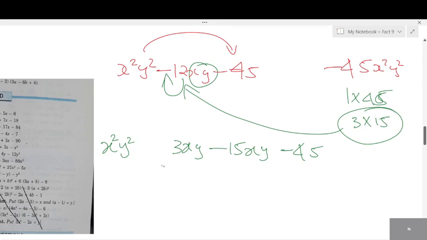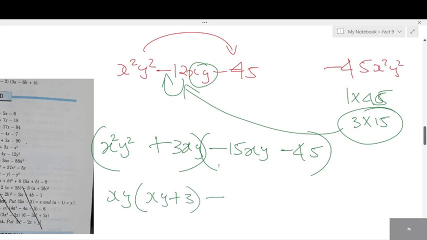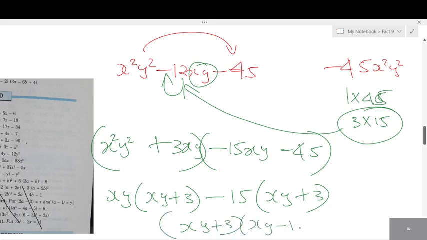What sign should I put before 3, so that we get 12? Plus. This is the answer. Group it like this. Okay, let me complete. XY is common, you get XY plus 3. Minus is the first sign. 15 common. Again you get XY plus 3 as the answer. The answer is XY plus 3 into XY minus.